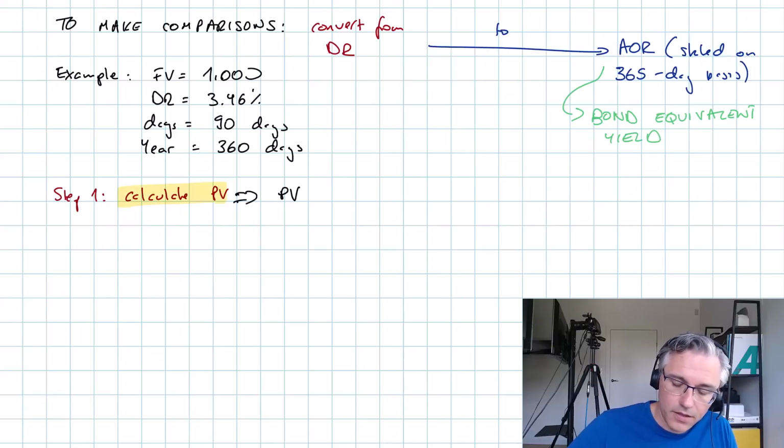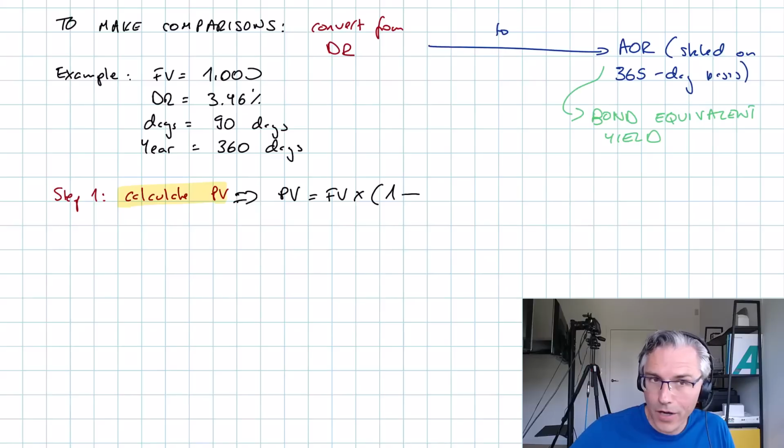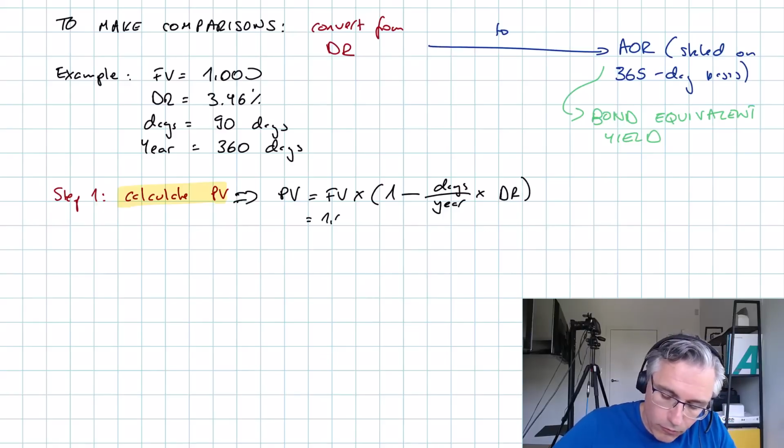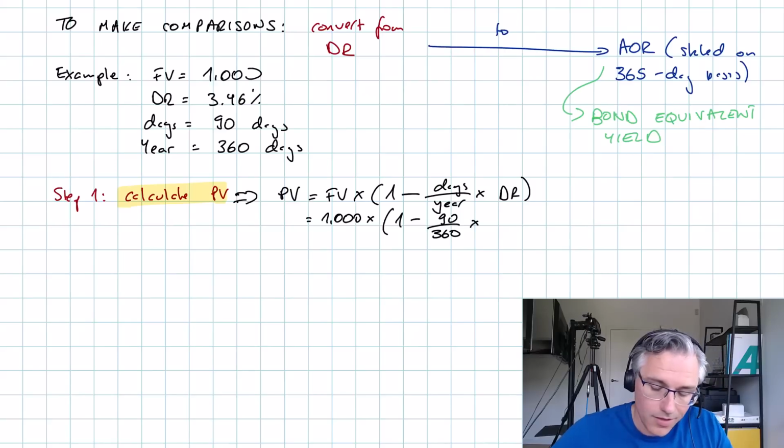So PV equals FV times 1 minus, because we're taking away from the FV, days divided by year times the DR. So, very quickly, 1,000 times 1 minus 90 over 360, basically 0.25, times 0.0346.